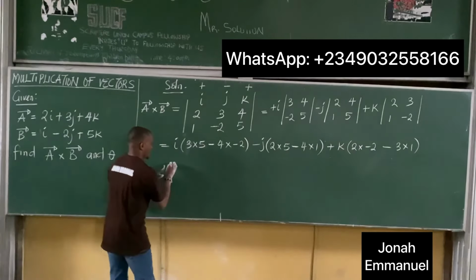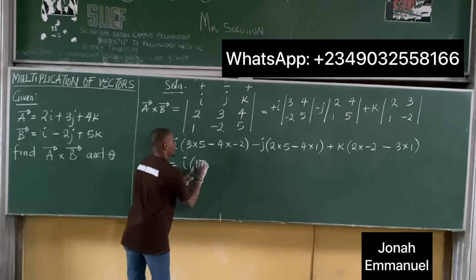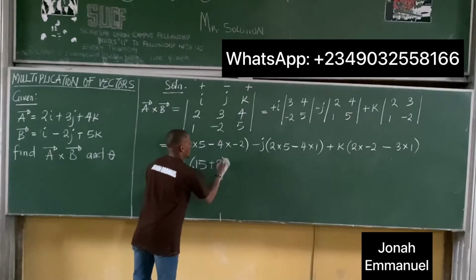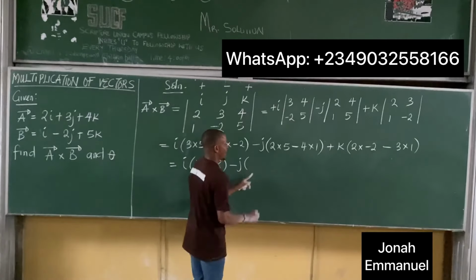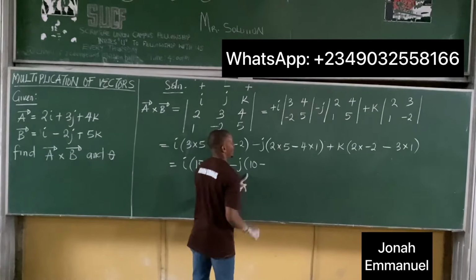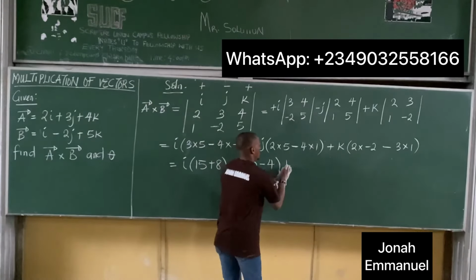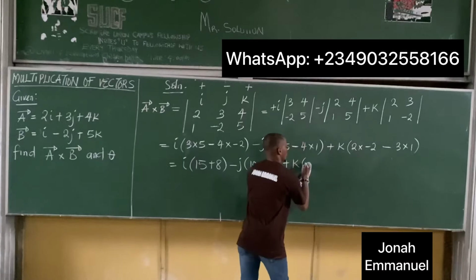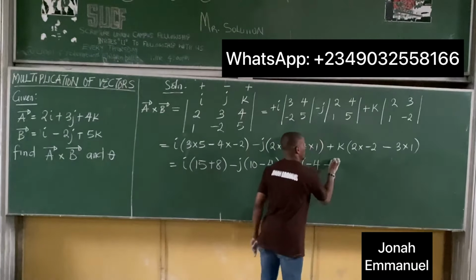From this, I'm having equal to i into 3 times 5 is 15, minus 4 times minus 2 gives you plus 8. Minus j into 2 times 5 is 10, minus 4 times 1 is 4. Plus k into 2 times minus 2 is minus 4, minus 3 times 1 is 3.